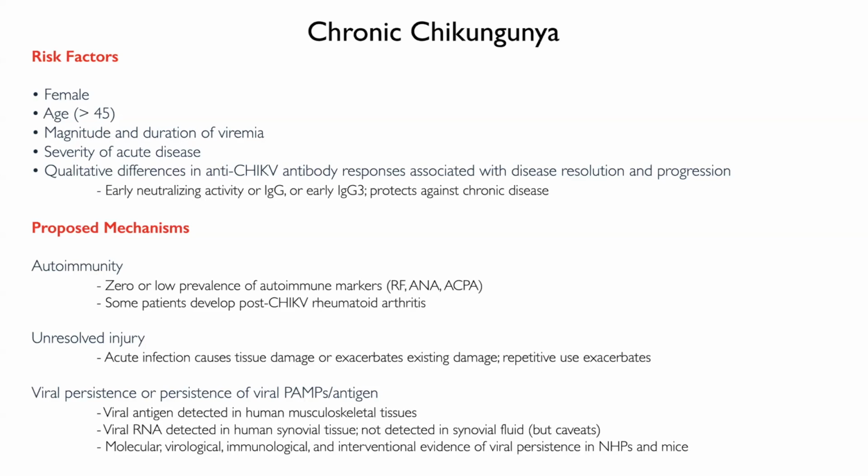And then another idea is that there's long-term viral persistence or the persistence of viral PAMPs or antigen in tissues. And so there's some limited evidence of this in humans. So viral antigen and viral nucleic acid have been detected in a very small number of samples collected from human patients. There's stronger evidence for this in animal models. That includes both mice and non-human primates. And I'll talk a little bit about that in a minute.